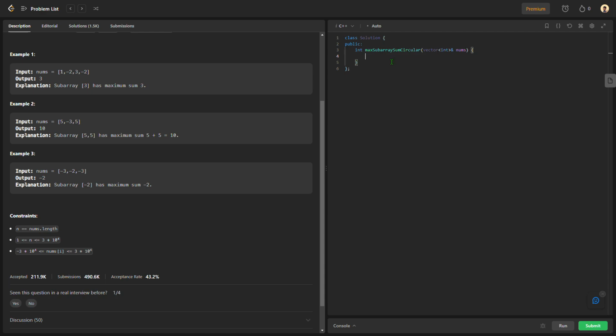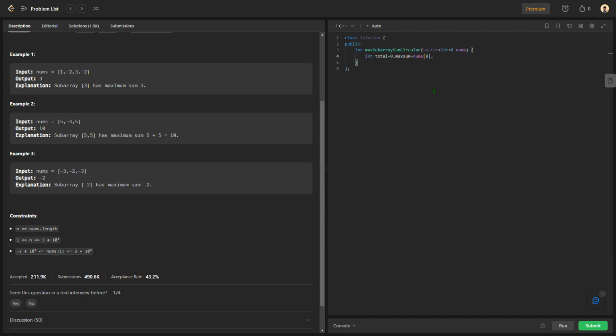What I can do basically is, let us for now take a variable that is total. Total would be storing the total sum of the array. The next thing, a variable named maxsum, which would be storing the current number, that is nums at 0.